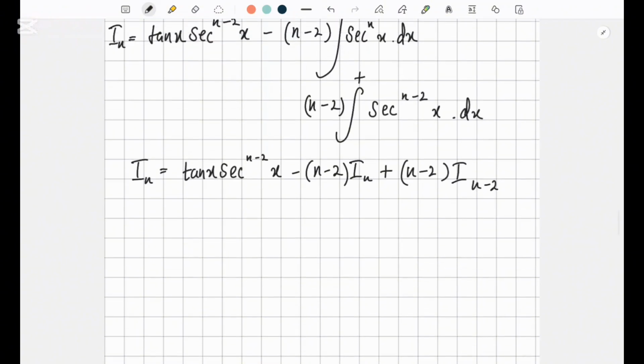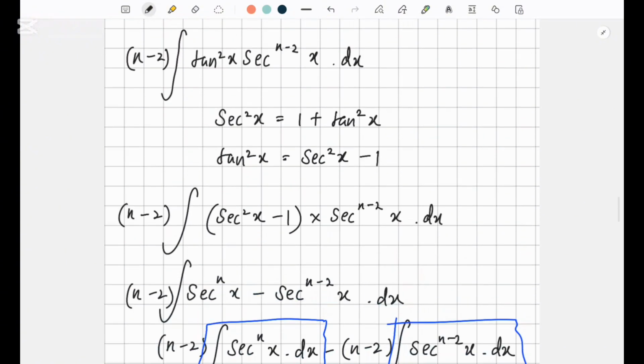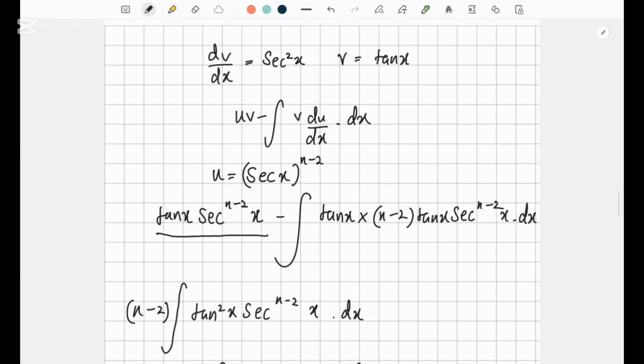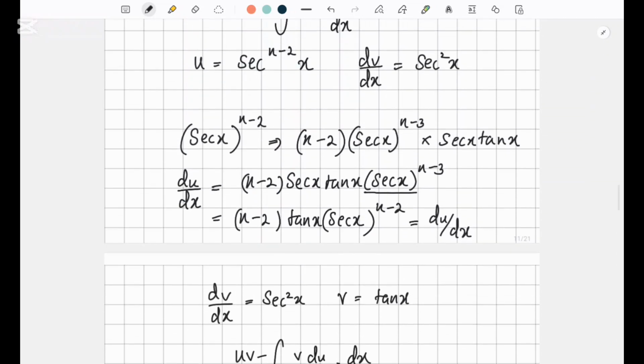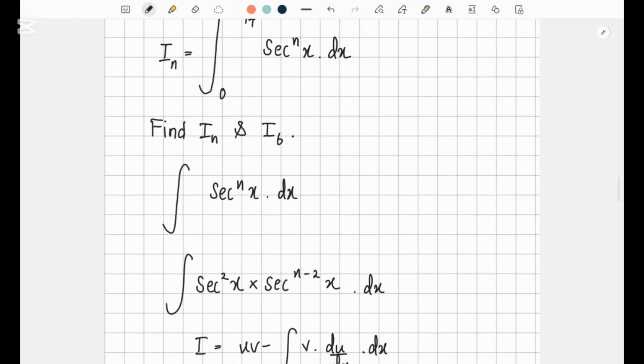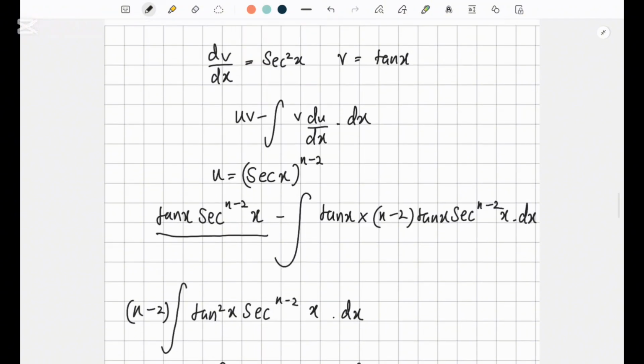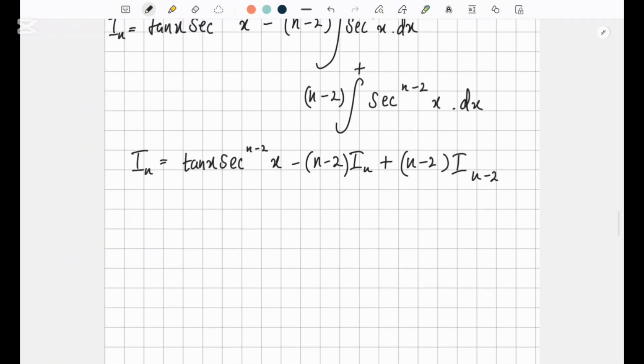Easy. And now, before you go any further, we had intervals, right? We had intervals from 0 to pi over 4. So you could apply those intervals into this, 0 to pi over 4.